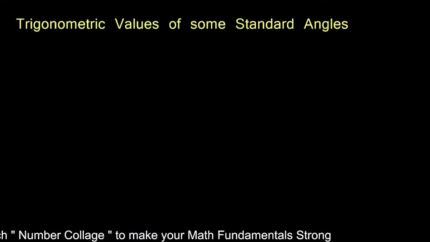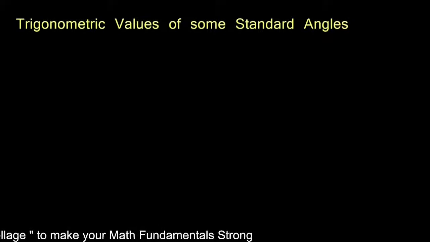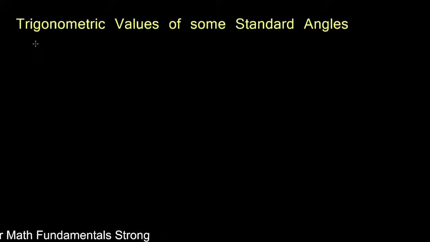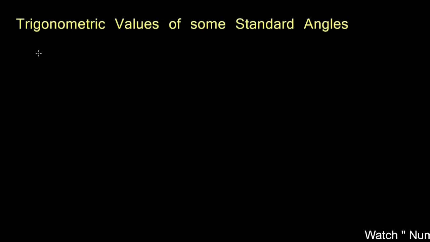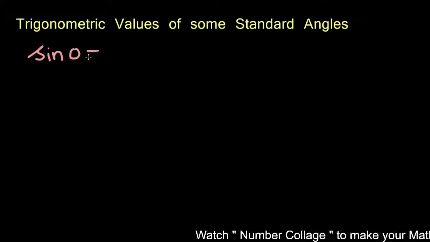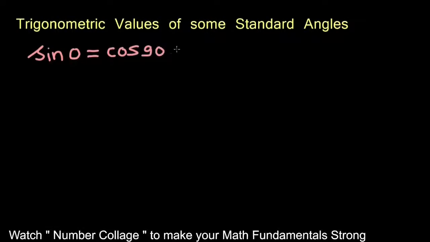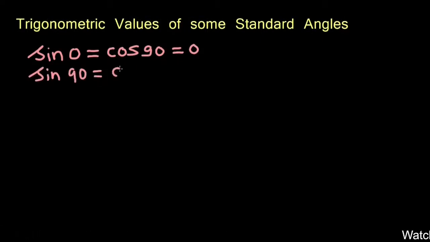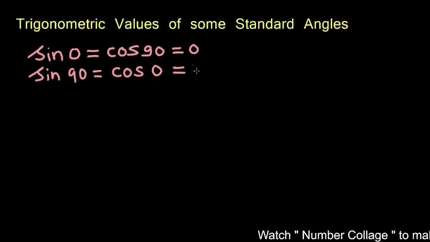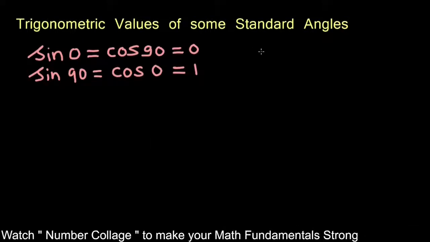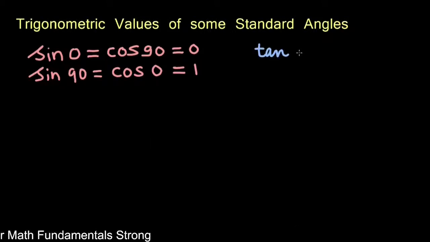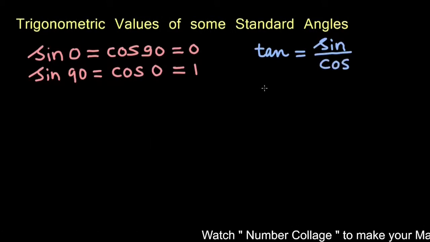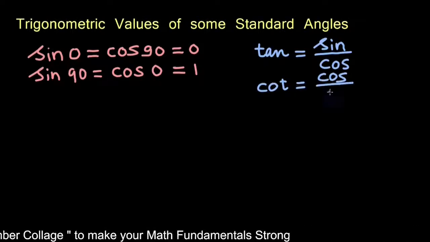Now in order to find the trigonometric values of angles 0 degrees and 90 degrees, we will use the relationship which we have just found out. Now we have tan equals sin upon cos and cot equals cos upon sin.